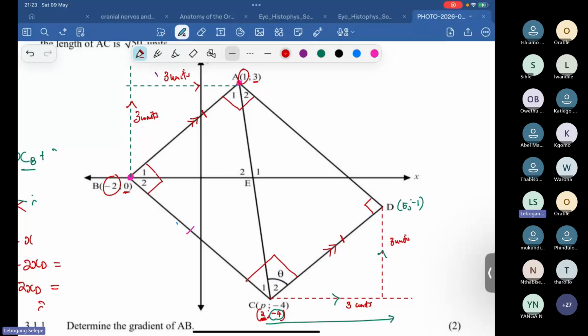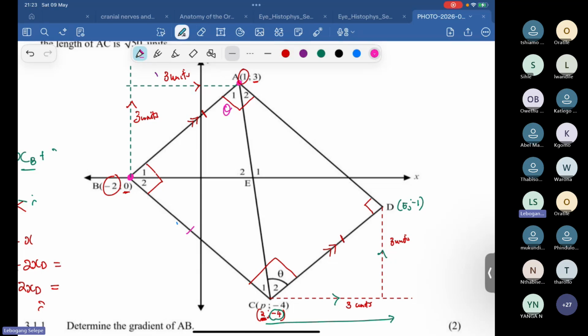Someone can say, if I can calculate the size of, for an example, this right here, then, you would also appreciate the fact that this is also theta.